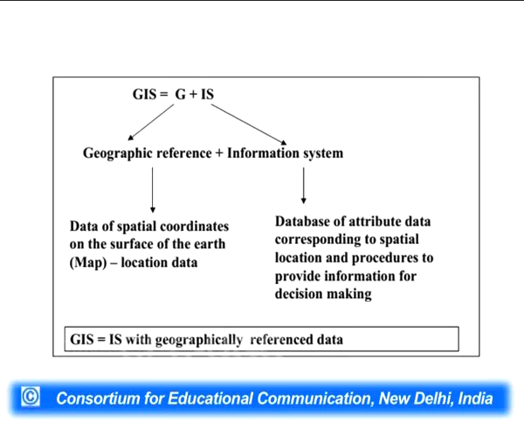Without geographic reference data, there is no concept of GIS, because when you go for georeferencing, we provide the exact coordinate system to our components, which is helpful in analyzing the area, width, depth and any other attributes related to that object.